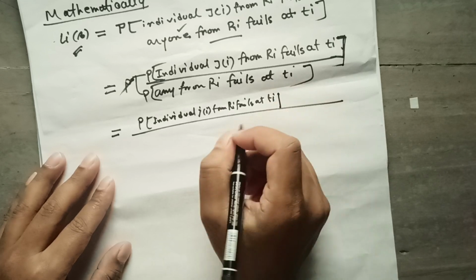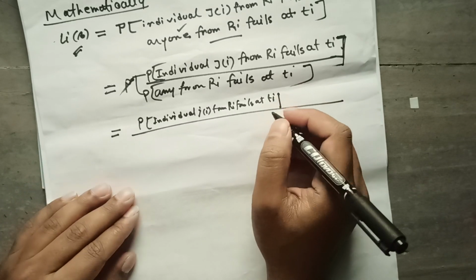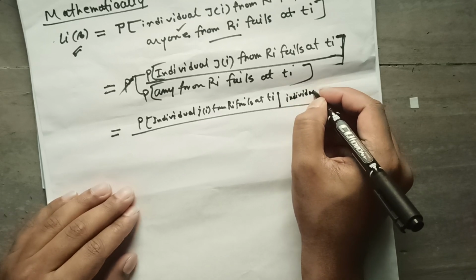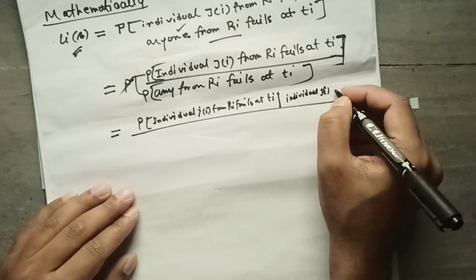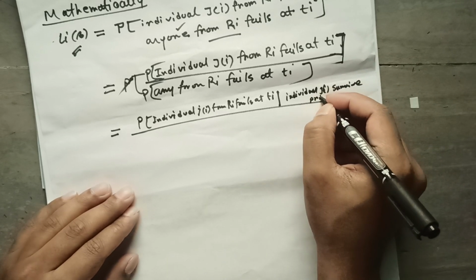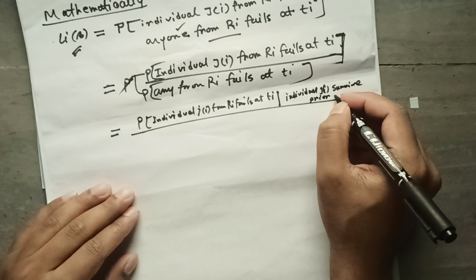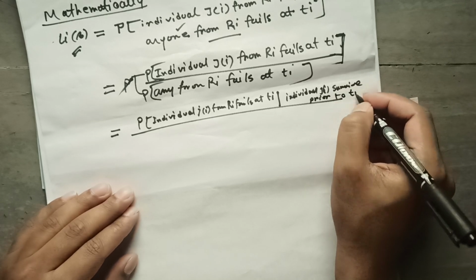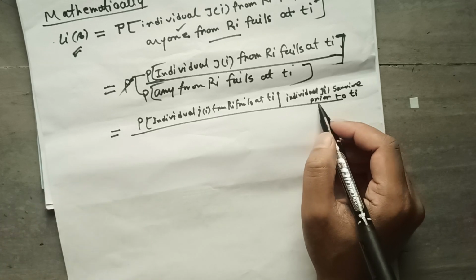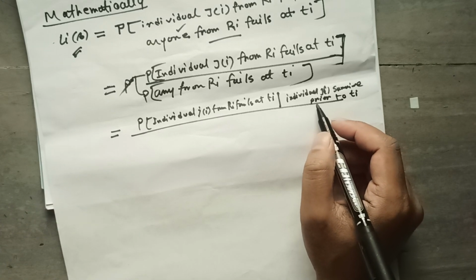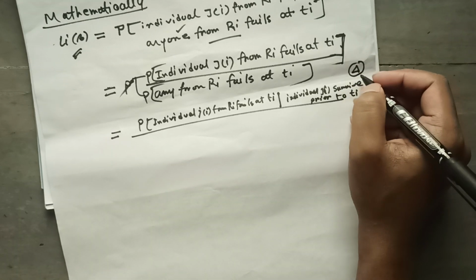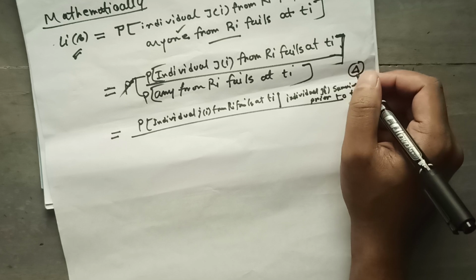I can write, given an individual Ji survives prior to Ti. What does prior mean? Prior means a little bit, not too much. It's a quantity measured in delta notation. So a very little bit.